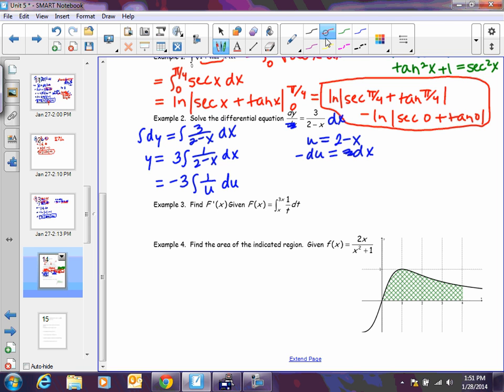At this point, when you see this, you should know immediately what that integrates. What's the antiderivative of that? Negative 3 natural log of u. So this becomes negative 3 natural log absolute value of u, plus c. And then my really final answer would be where we plug in the x term.